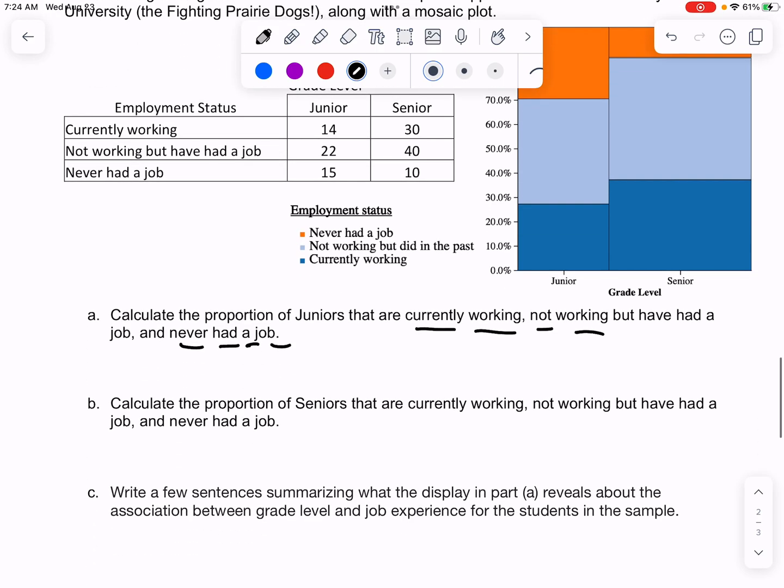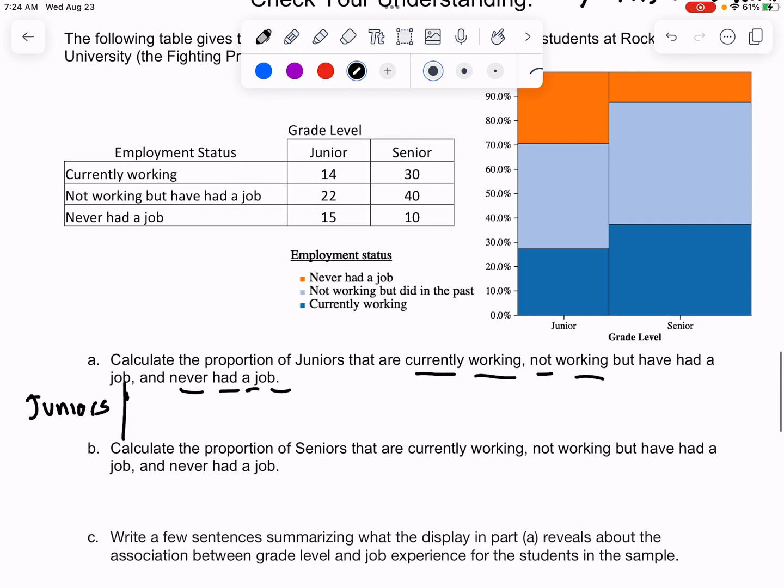Okay, so we're going to say, this is juniors. Let's first find the ones that are currently working. How many juniors are currently working? Well, that would be 14. And this is a conditional because we're already assuming they're juniors, so we're not going to consider seniors at all. So how many total juniors was there? Well, 14 plus 22 is 36, plus 15 is 51.